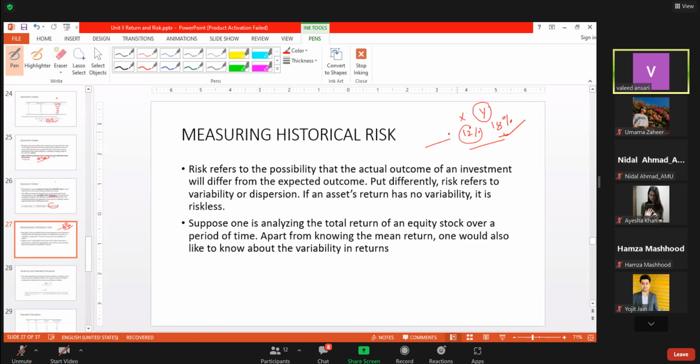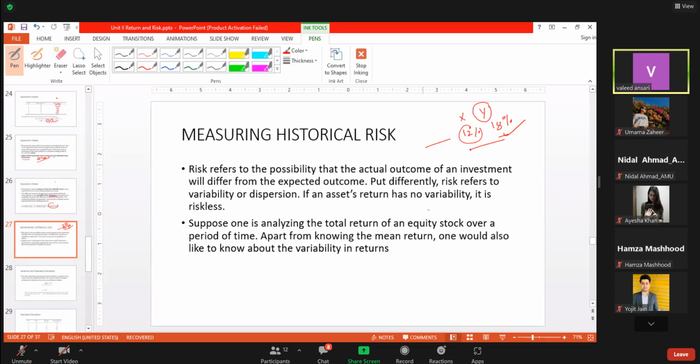So that is why, in order to make an investment decision, return is one criterion, one factor. Risk is also another factor. So we should understand how the risk of a particular stock or an asset is calculated, and how the risk is calculated when the assets are combined into a portfolio, that is two or more combined together.